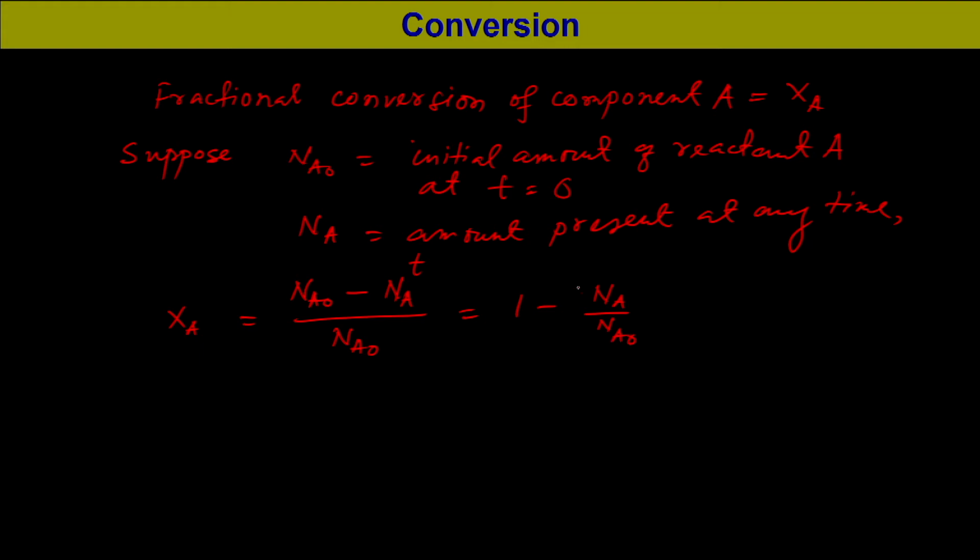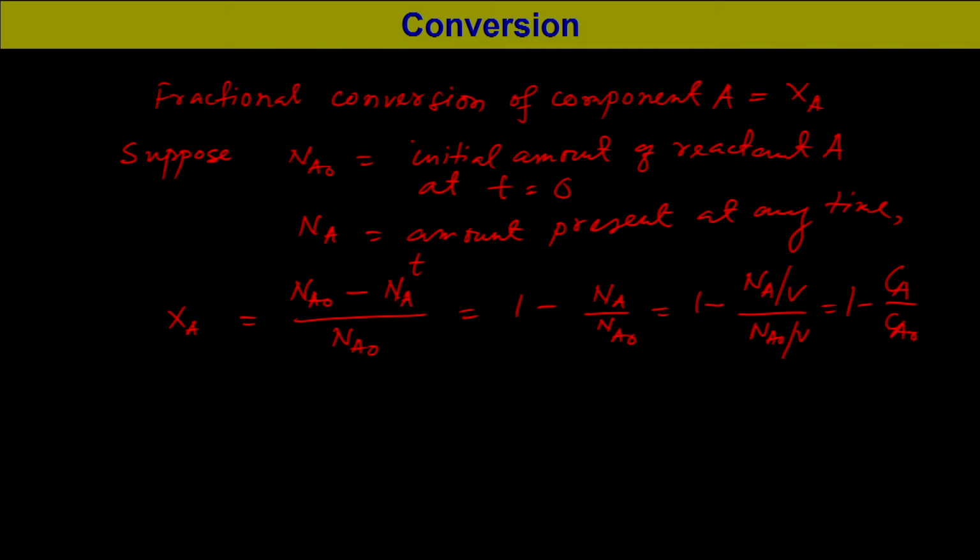Now, if we divide the numerator and denominator here by V for a constant volume system, we can write 1 minus (Na by V) divided by (Na naught by V). So, we can write 1 minus Ca by Ca naught.